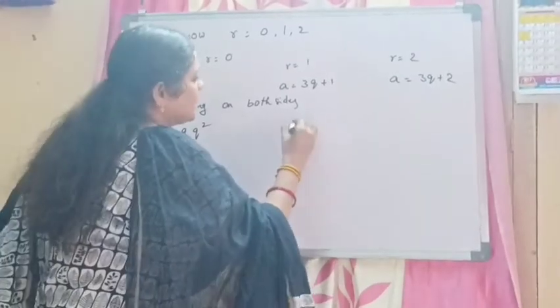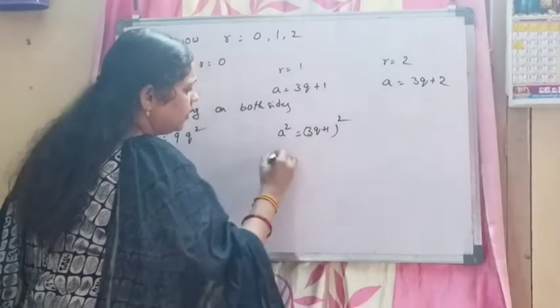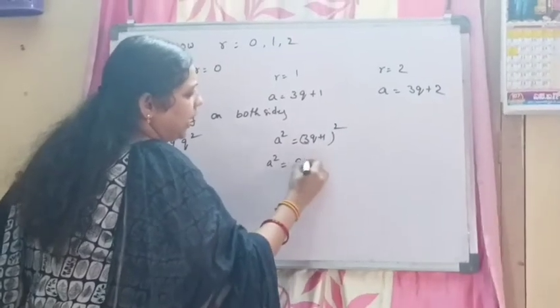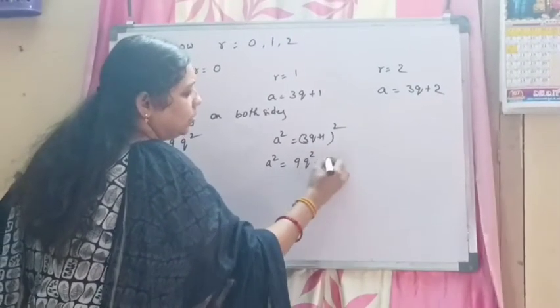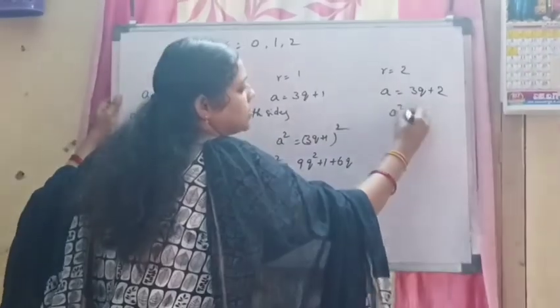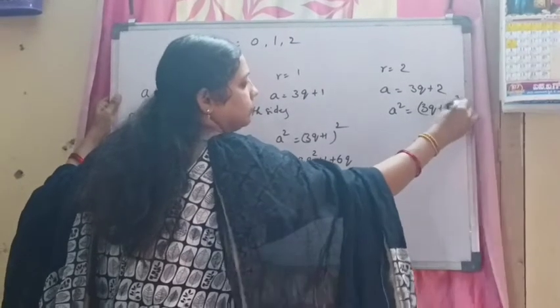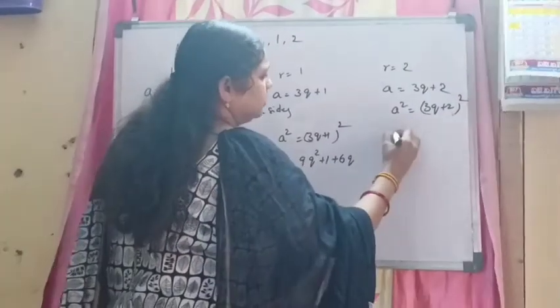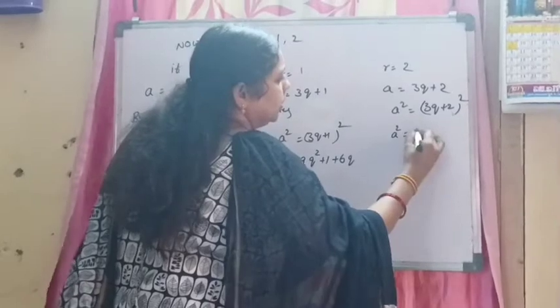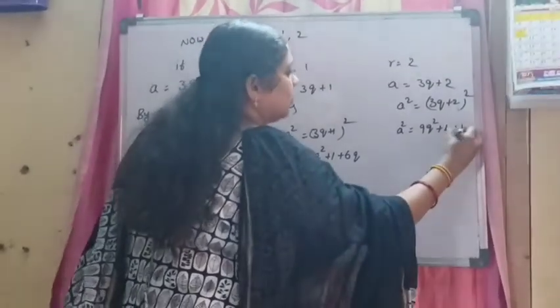Here a square is equal to 3q plus 1 whole square, then a square is equal to 9q square plus 1 plus 6q. A square is equal to 3q plus 2 whole square, a square is equal to 9q square plus 4 plus 12q.